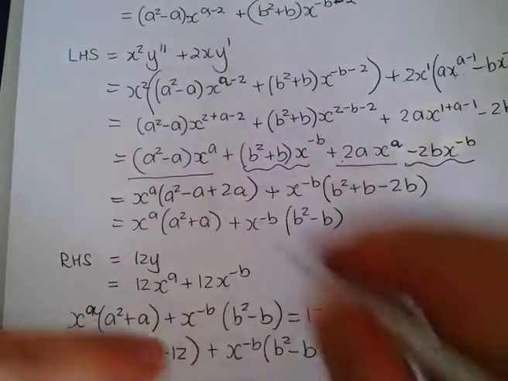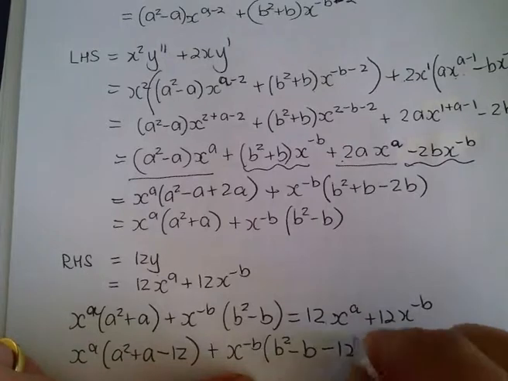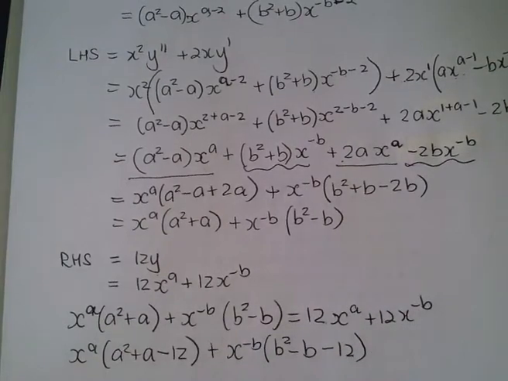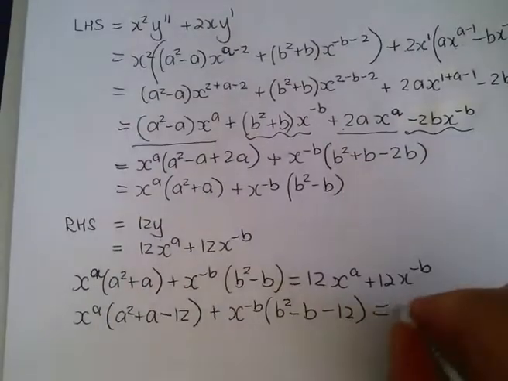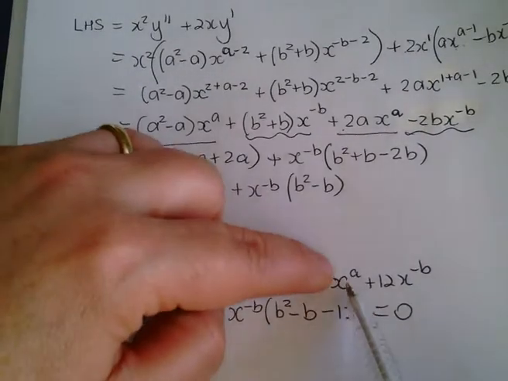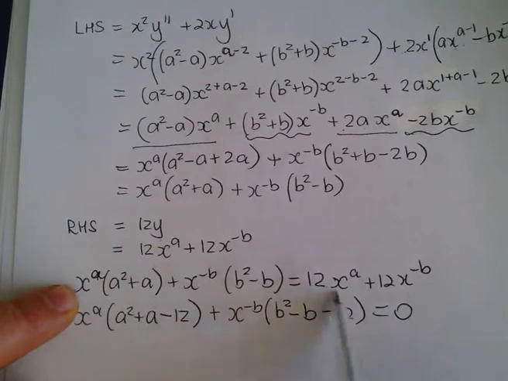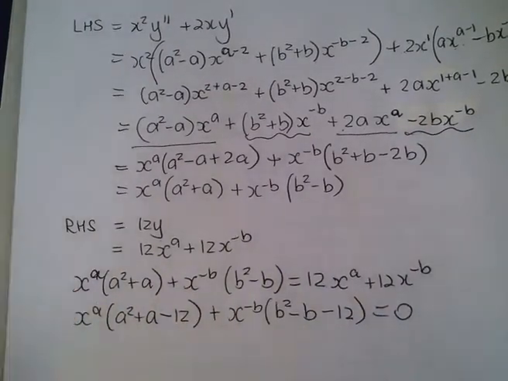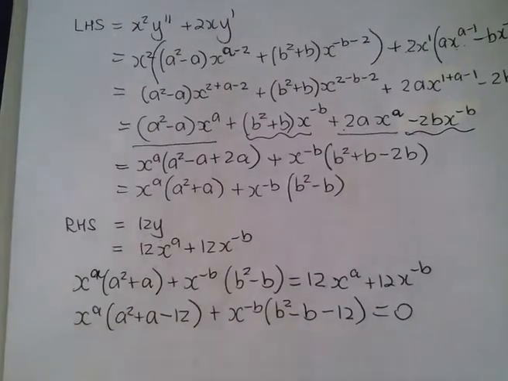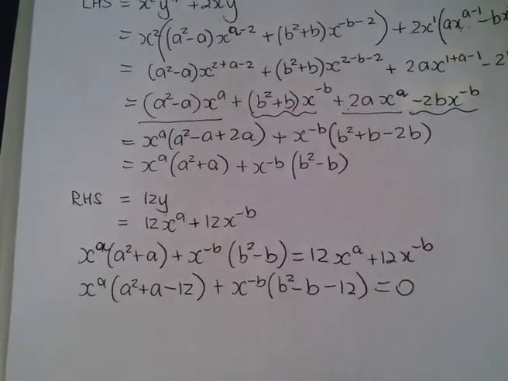When I take this over, I get minus 12 as well. Equals 0. I took everything to the left. Do you get what I've done? That'll be an x to the a term as well, but it'll be minus 12 x to the a, and the other one's minus 12 x to the negative b, and then I'm taking out x to the a and x to the negative b as a common factor.